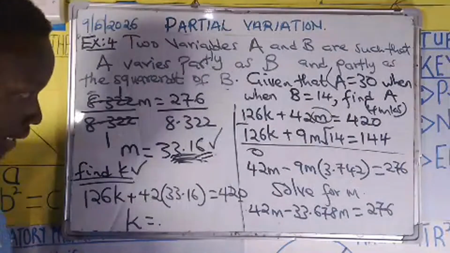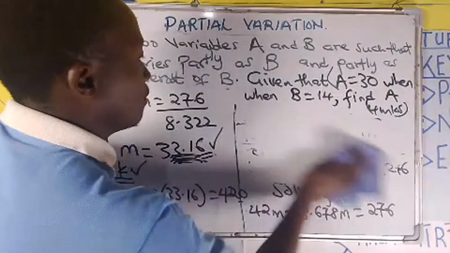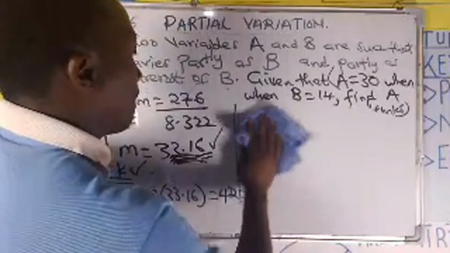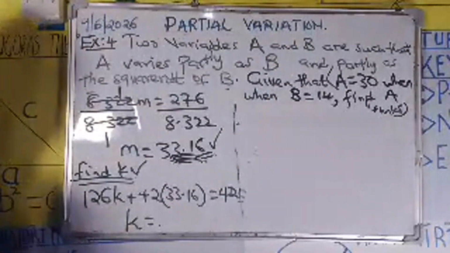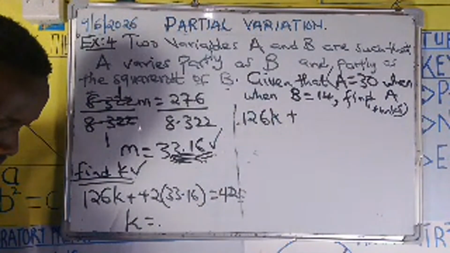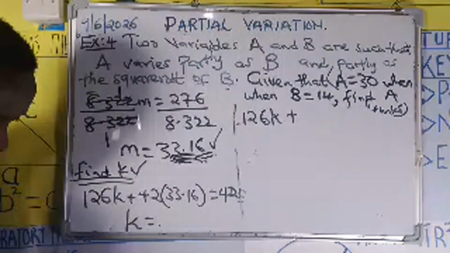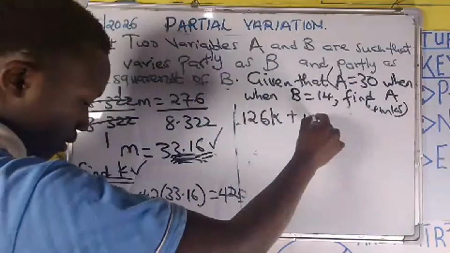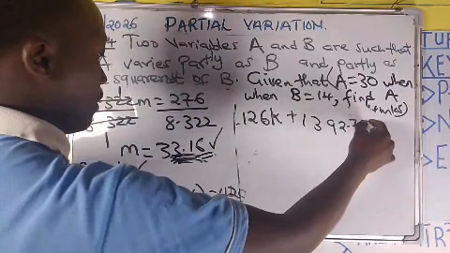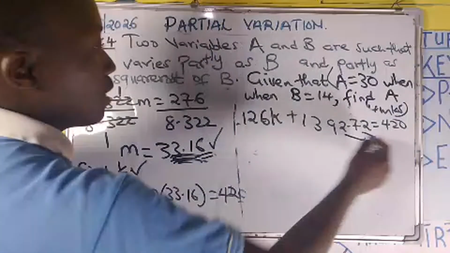Haya basi wacha niifanye. 126k plus 42 times 33.16. So 1,392.72 is equals to 420. So I'll take this to the other side.